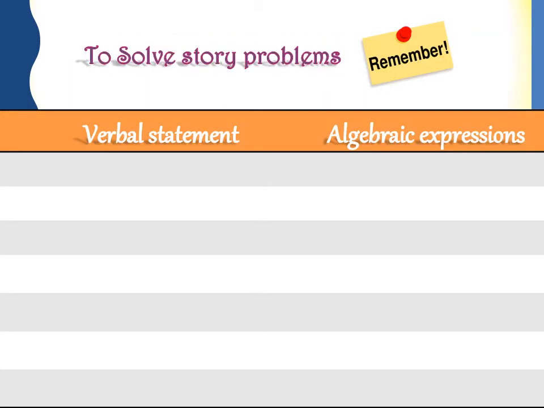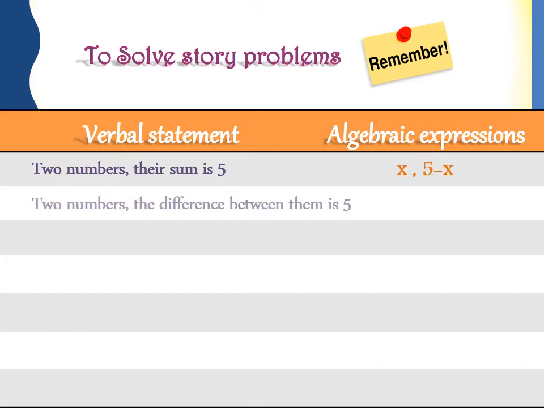Here let's remember how to translate certain verbal statements into algebraic expressions. Two numbers, their sum is 5, then these two numbers are x and 5 minus x. Two numbers, their difference is 5, then these two numbers are x and x plus 5.